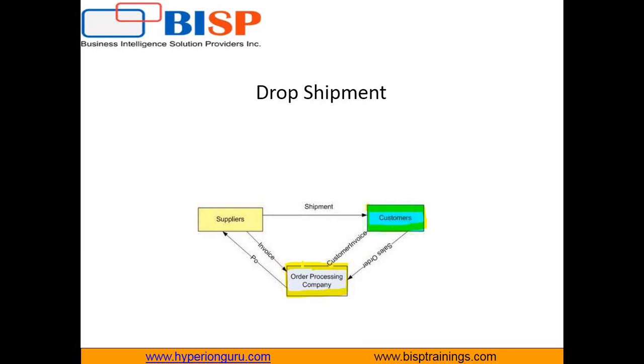The only difference is that the vehicle, whatever the product, will not come to you at all. You're going to provide the address of the direct customer, and the supplier himself directly ships to the customer.